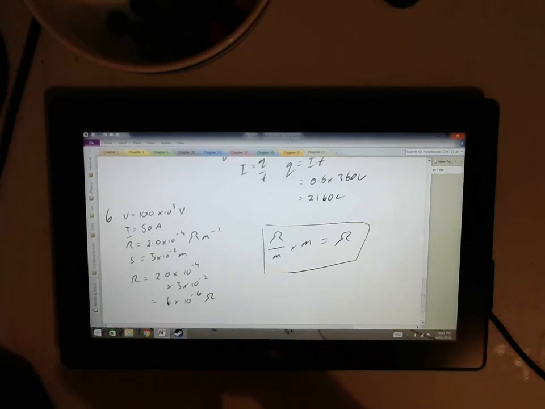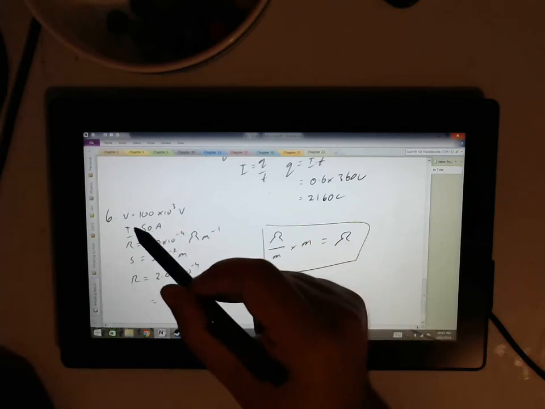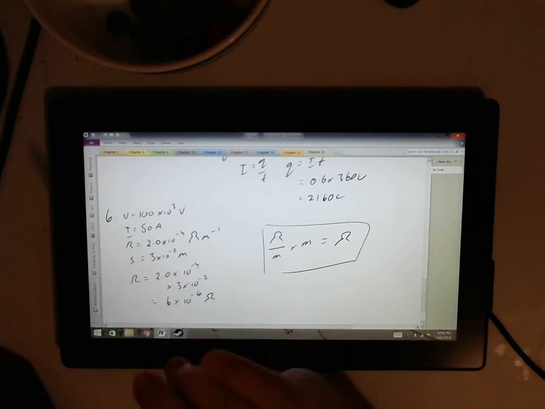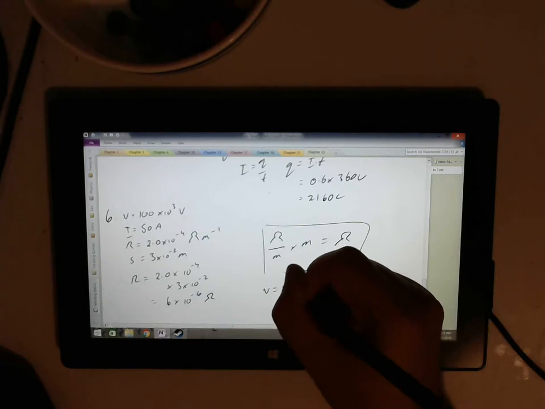So that's the total amount of resistance from one foot to the other foot, or at least the wire from one foot to the other foot. Let's work out the voltage just across that small distance. I know we've got the voltage for the entire wire, but let's work out the voltage of just that small amount of wire. Still going to use the same formula, V equals IR.